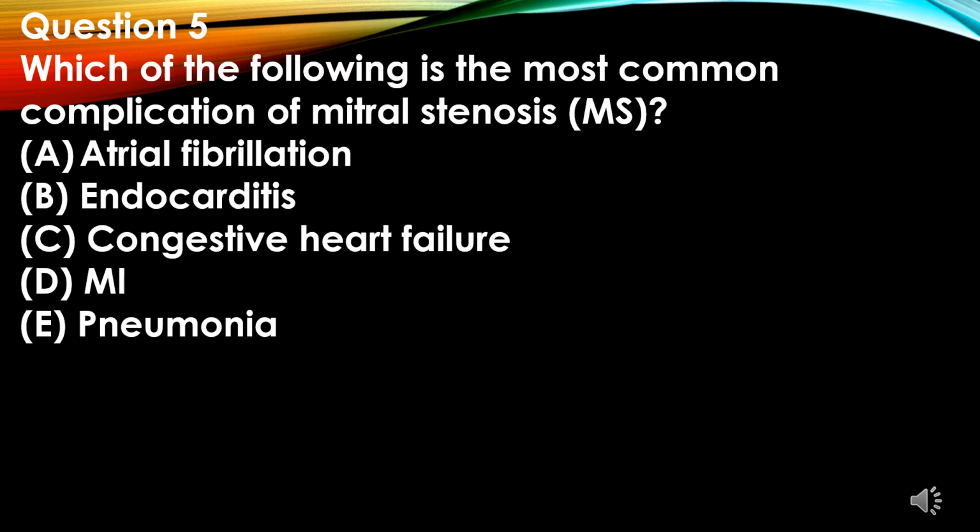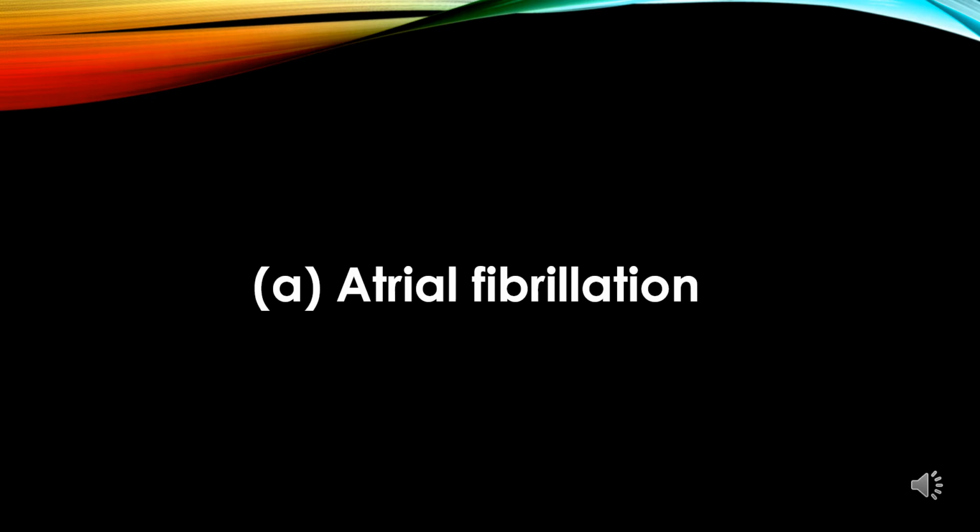Question 5. Which of the following is the most common complication of mitral stenosis? A. Atrial fibrillation. B. Endocarditis. C. Congestive heart failure. D. MI. E. Pneumonia. A. Atrial fibrillation.